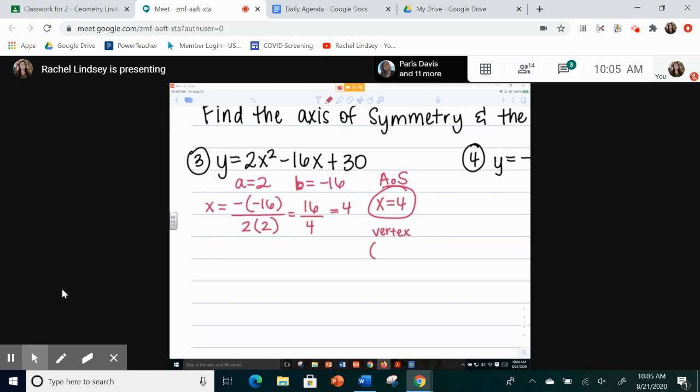I know my x value is going to be 4. It's always the value of the axis of symmetry. And now you could plug it back in and do 2 times 4 squared minus 16 times 4 plus 30. You could just plug that in your calculator and see what you get. Or you can plug it into your table of values with your graphing calculator.